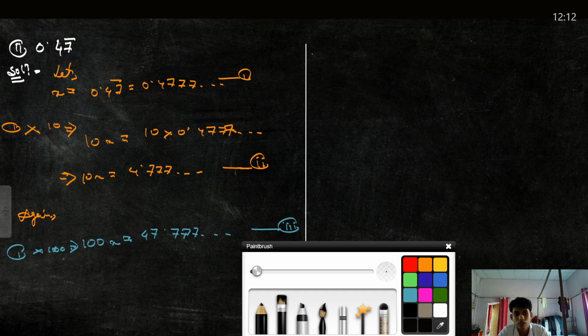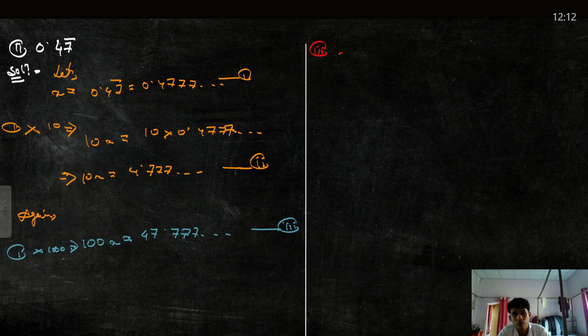Okay, so now equation 3 minus equation 2. That means we subtract the second equation from the third equation. That would be 100x minus 10x is equal to 47.777 minus 4.777.